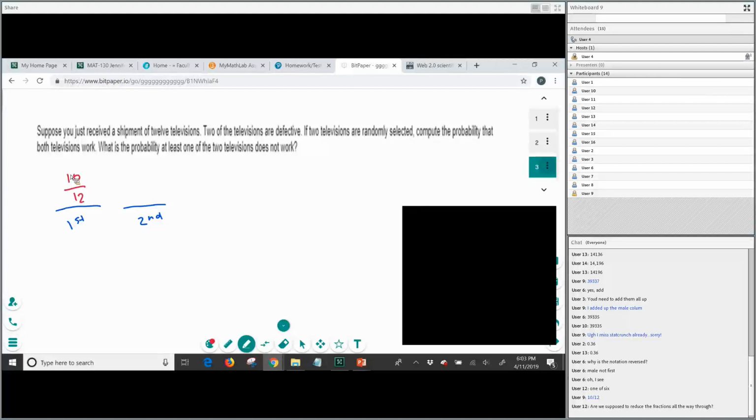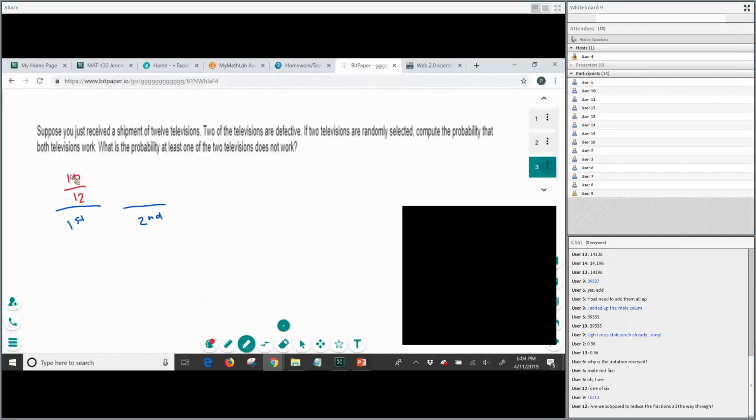I see typing, so I'm just going to pause for a second to let you finish typing. Are we supposed to reduce the fractions all the way through? You can if you want to. The most important is that you reduce your final answer before you put it in. So you could reduce here if you wanted to, if it makes it easier for you.